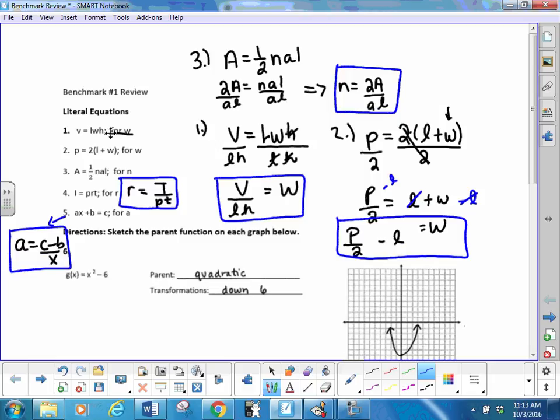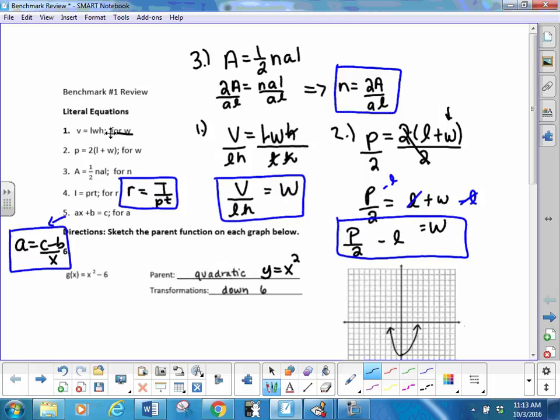Okay, if we look at number 6, this is transformations, and you've got x squared minus 6. The parent is just a plain old quadratic that looks like y equals x squared. That's the parent. It's the simplest one. Compared to your parent, it's been moved down 6.